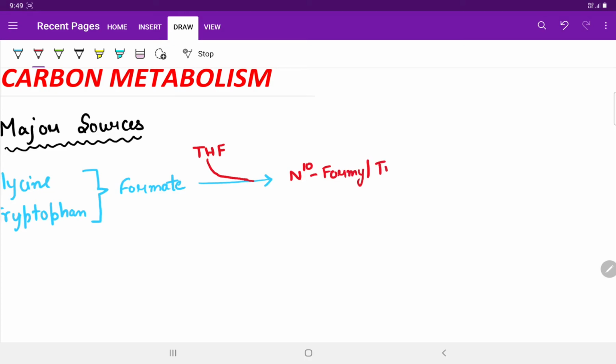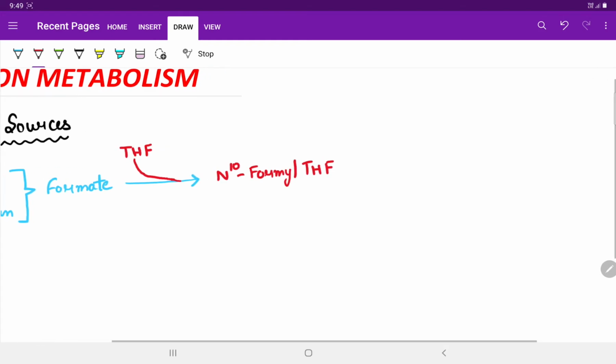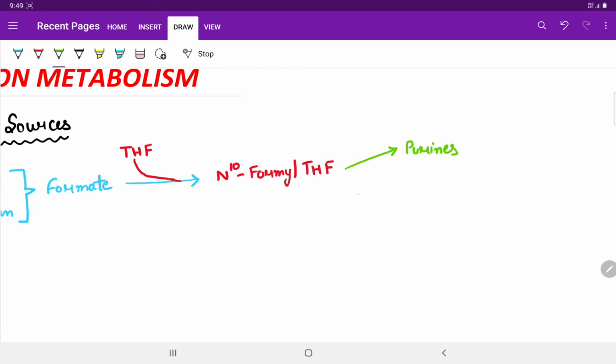This is the intermediate of the tetrahydrofolate that will be leading to the donation of 1 carbon atom, and ultimately the products that will be formed are either the purines or formyl methionine.